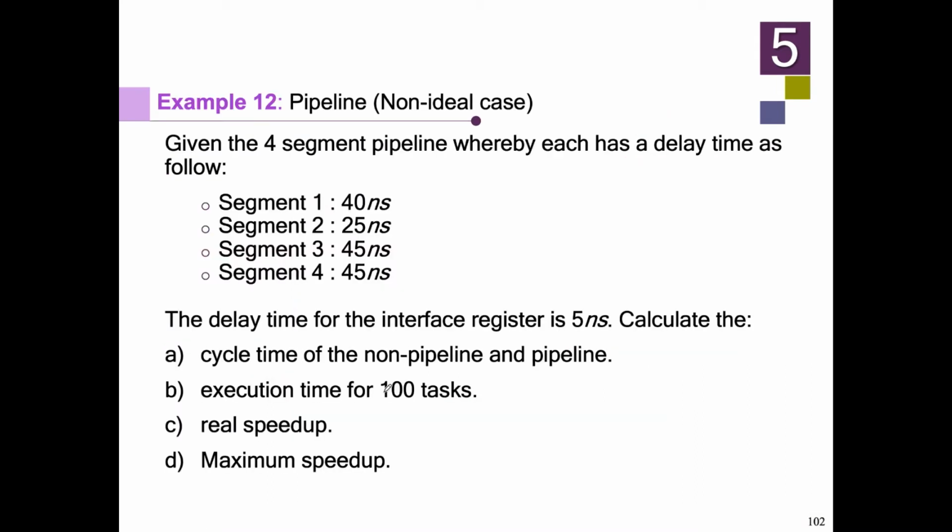Now we are given an example. This one is a pipeline with non-ideal cases. Why do we call it non-ideal? In non-ideal cases, of course, you have a different time for each segment.